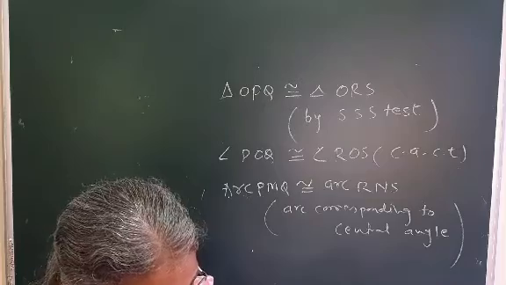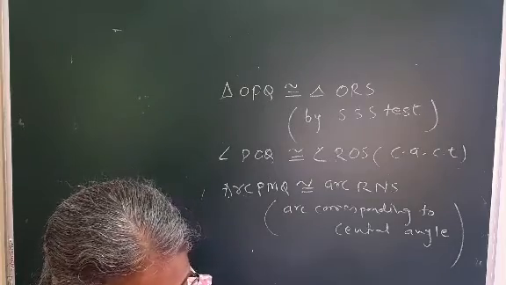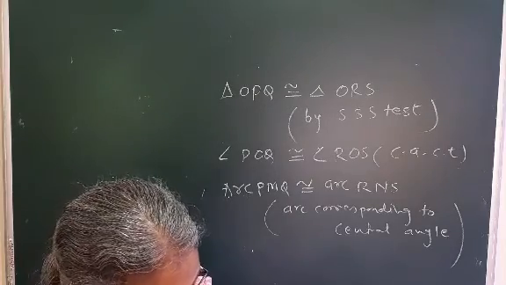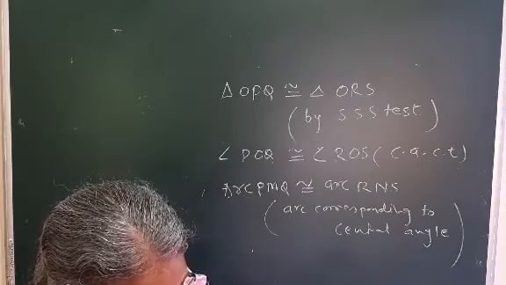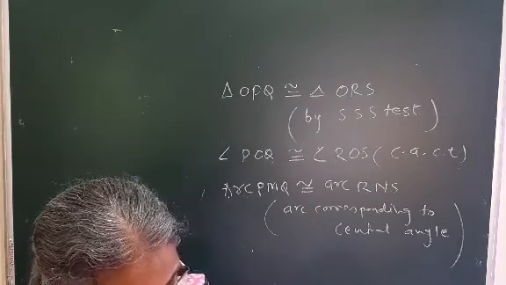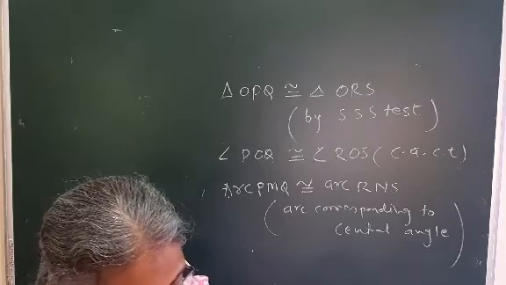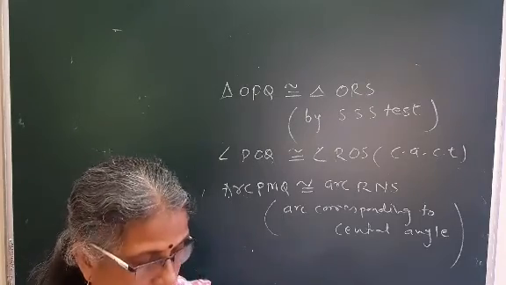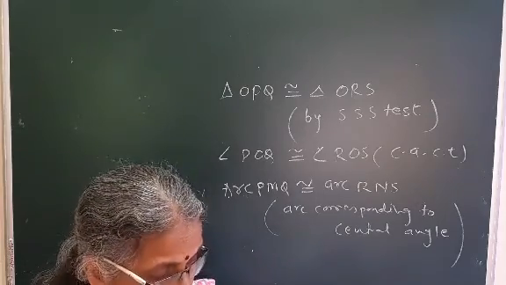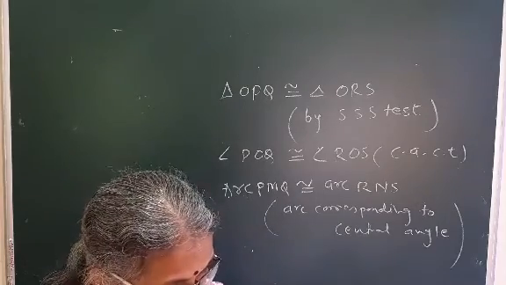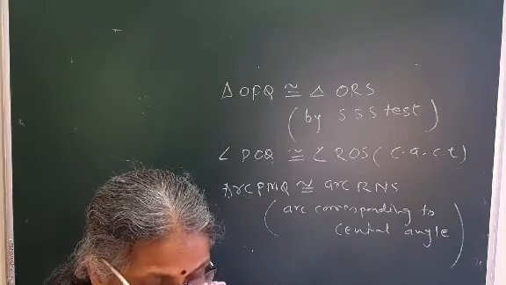So if we add these, arc SP plus arc PQ, left side with left side, and arc QR plus arc SR, then we get arc SPQ equal to arc PQR. Therefore arc SPQ congruent arc PQR. Followed? So that is how we prove this very easily.